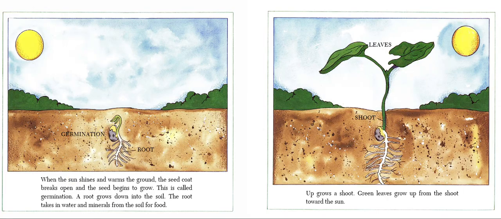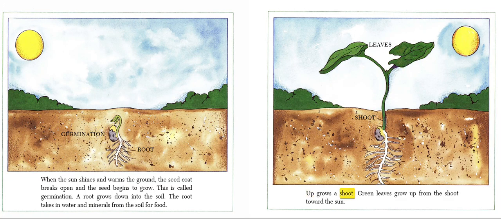When the sun shines and warms the ground, the seed coat breaks open and the seed begins to grow. This is called germination. A root grows down into the soil. The root takes in water and minerals from the soil for food. Germination. Root.